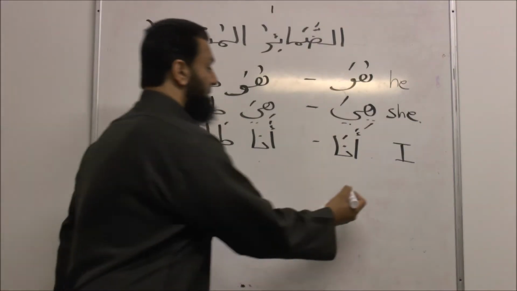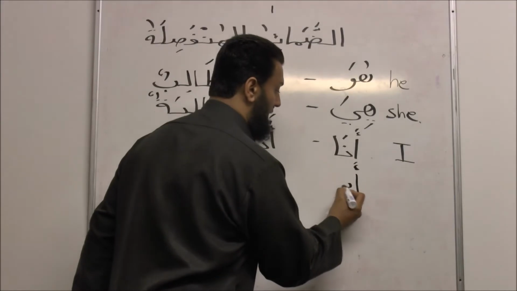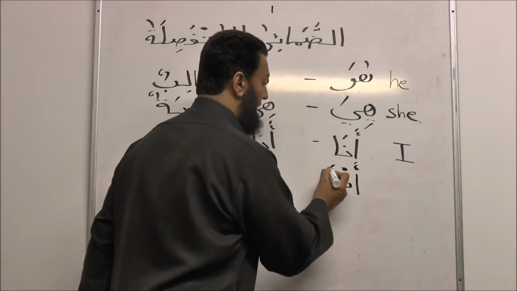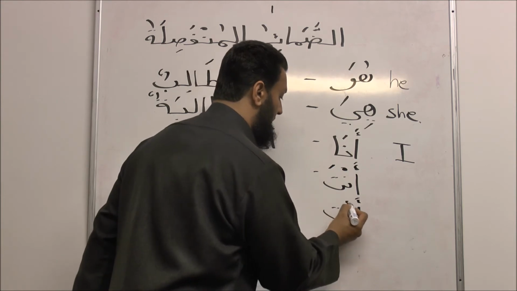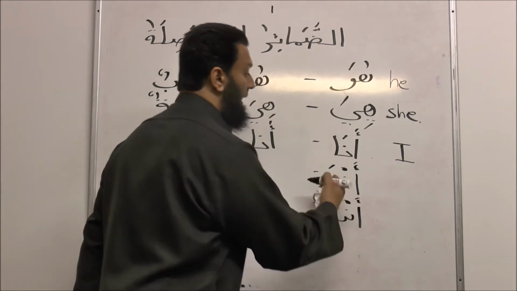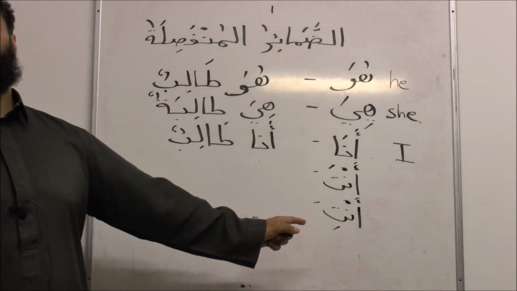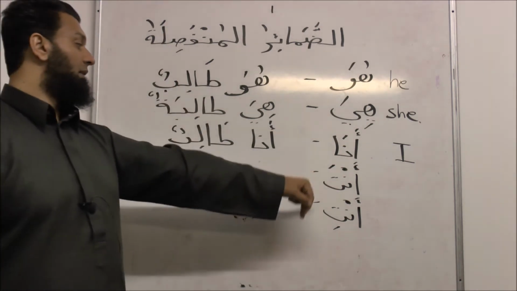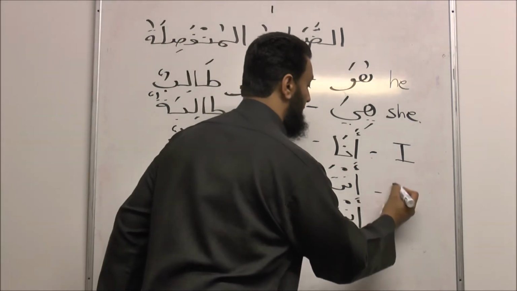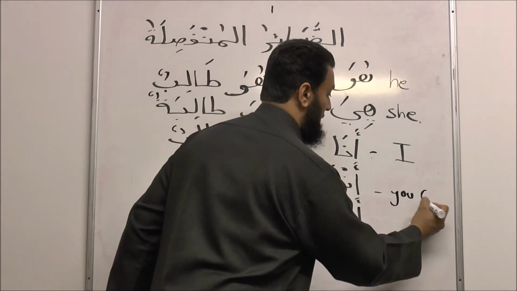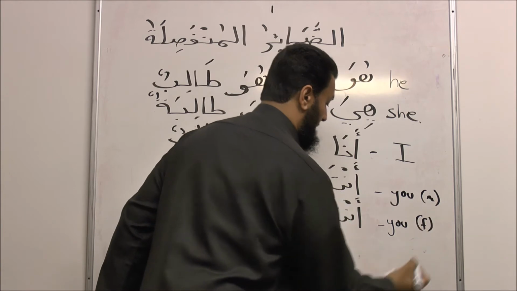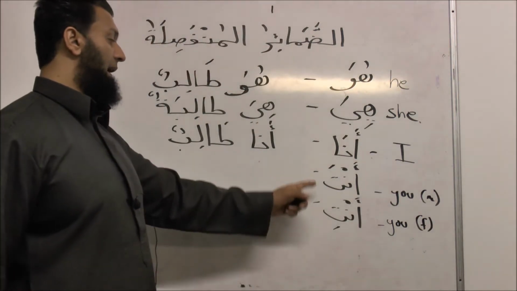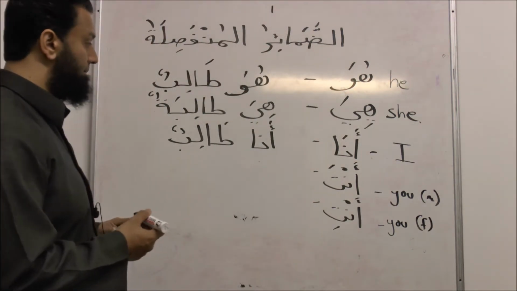Clear? And then similarly, the other ones that we need to learn are anta and anti. What do anta and anti refer to? You male and you female. Anta and anti.